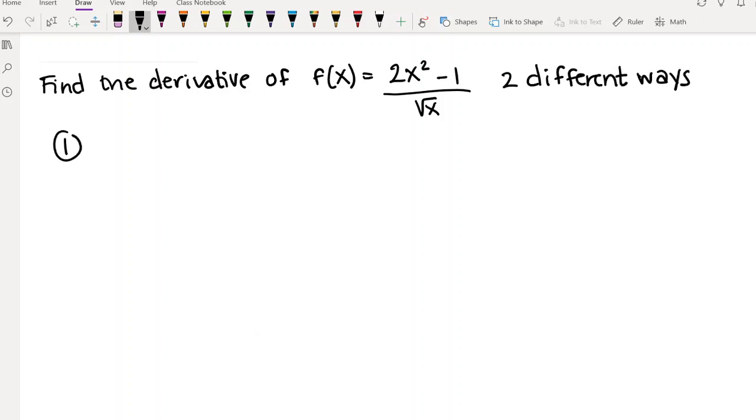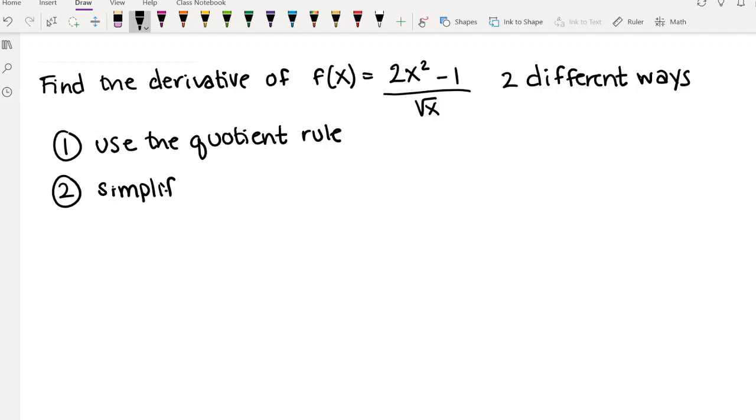So the first way is we're going to use the quotient rule. And the second way is that we're going to simplify before taking the derivative. So before, remember, differentiate is our verb for taking the derivative.